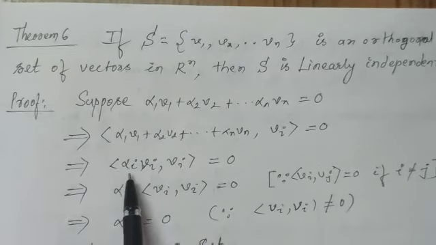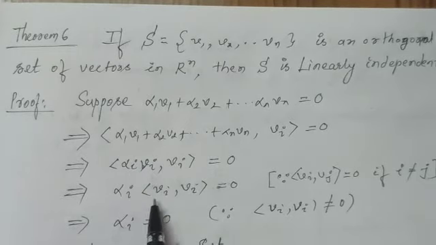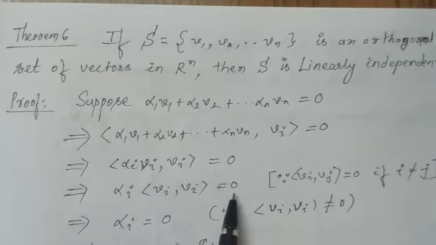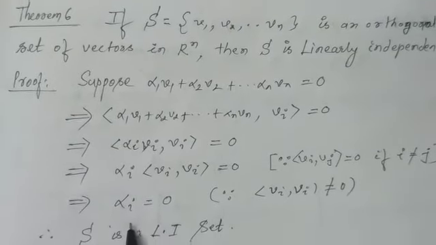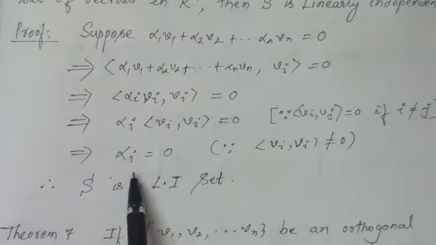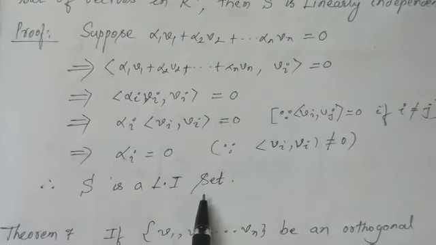Once again the property of the inner product says that this can be written as alpha i times the inner product of vi with vi, equal to 0. We know that the inner product of vi with vi, one more property of the inner product, is greater than 0, that means not equal to 0. Therefore alpha i must be equal to 0. Therefore the set S is a linearly independent set.